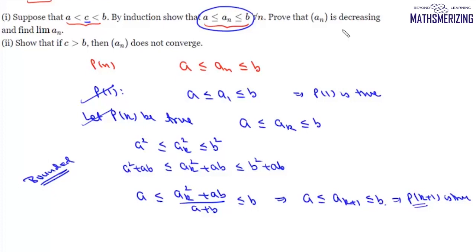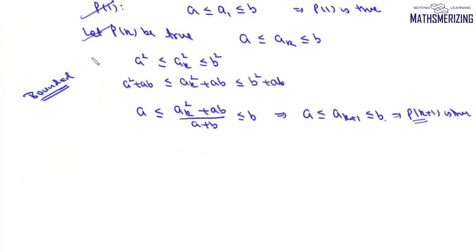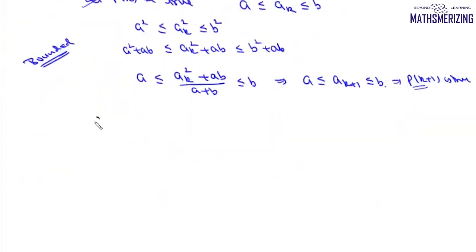Now for the second part, we have to prove that this sequence is a decreasing sequence. What we'll do is we'll write a_{k+1} minus a_k. Now a_{k+1} is (a_k square plus ab) upon (a plus b) minus a_k.